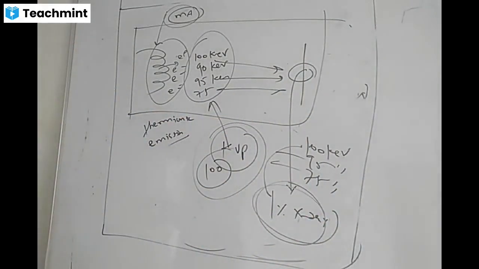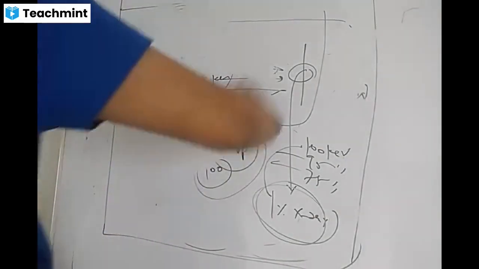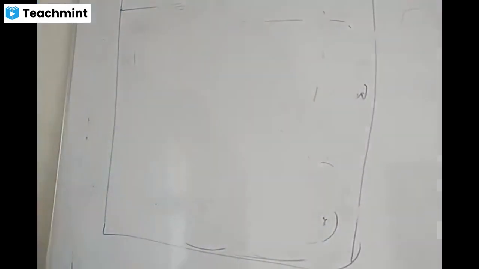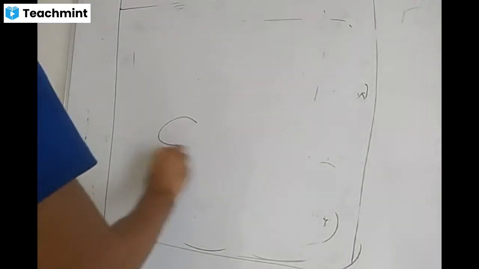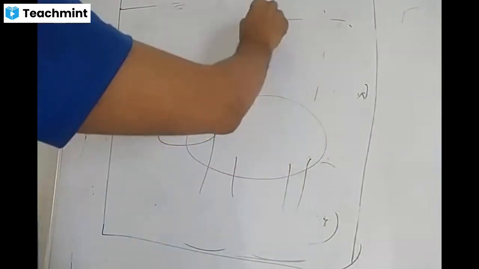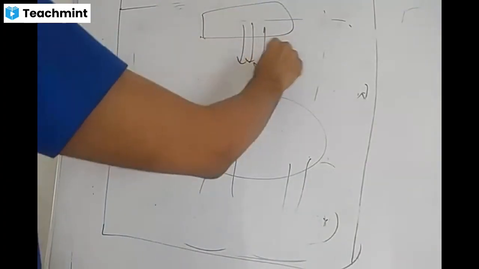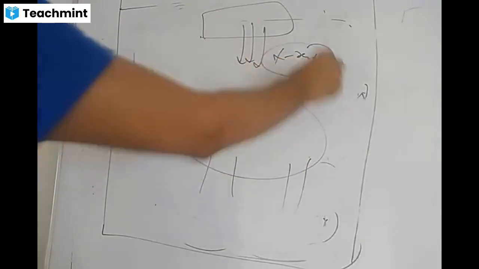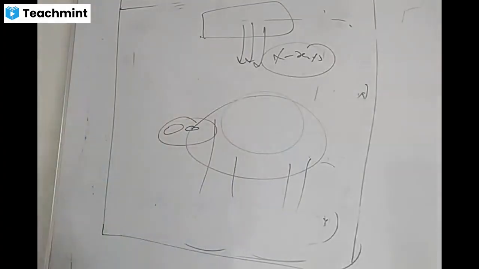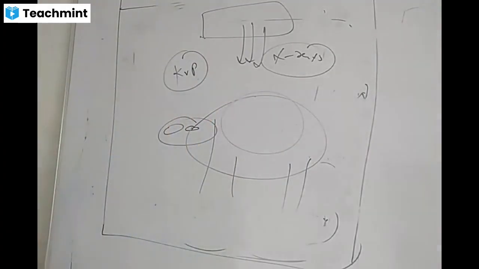Suppose there is a thick, obese and fatty dog, and this is our X-ray tube giving you the X-rays. To penetrate the fatty body of this dog, we can increase kVp.